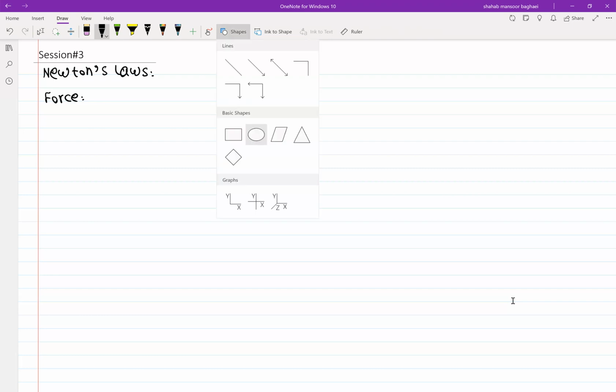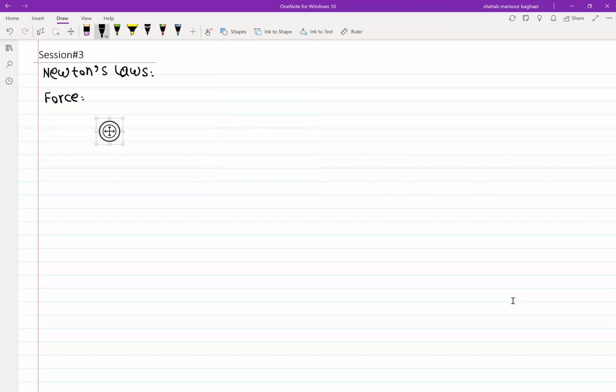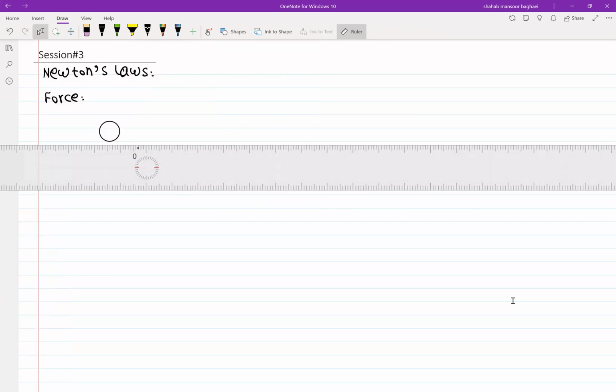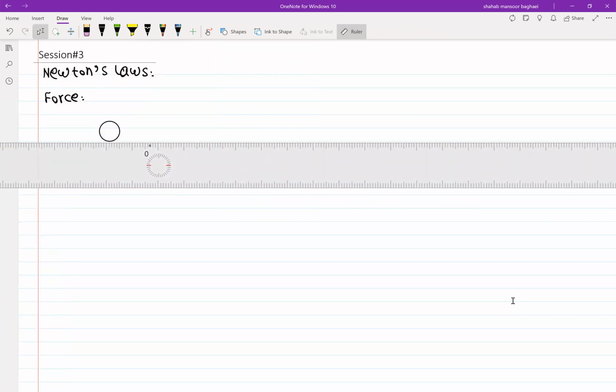Consequently, here, if you have an object, imagine it's on the flat surface, like this figure.